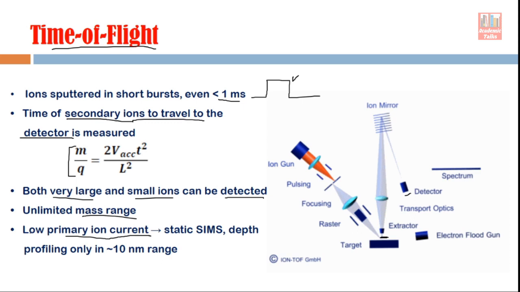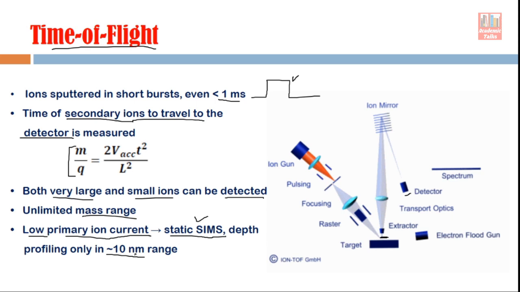We can work with low primary ion current, and that is advantageous, because in the next slide you will see the static SIMS that is possible if we are working with low primary ion current. Depth profiling can also be done, but that is possible only for a short range, maybe about 10 nanometer, not more than this, because the primary current is very low here.